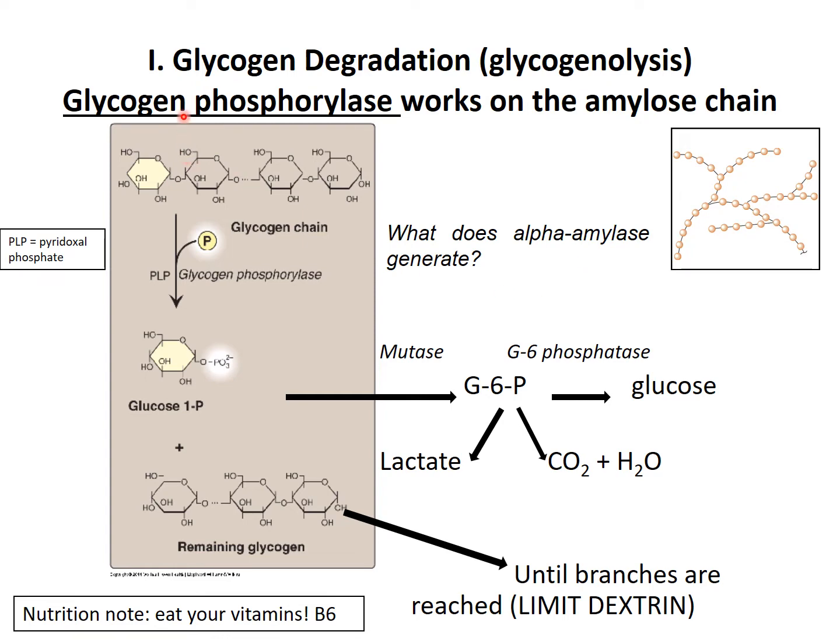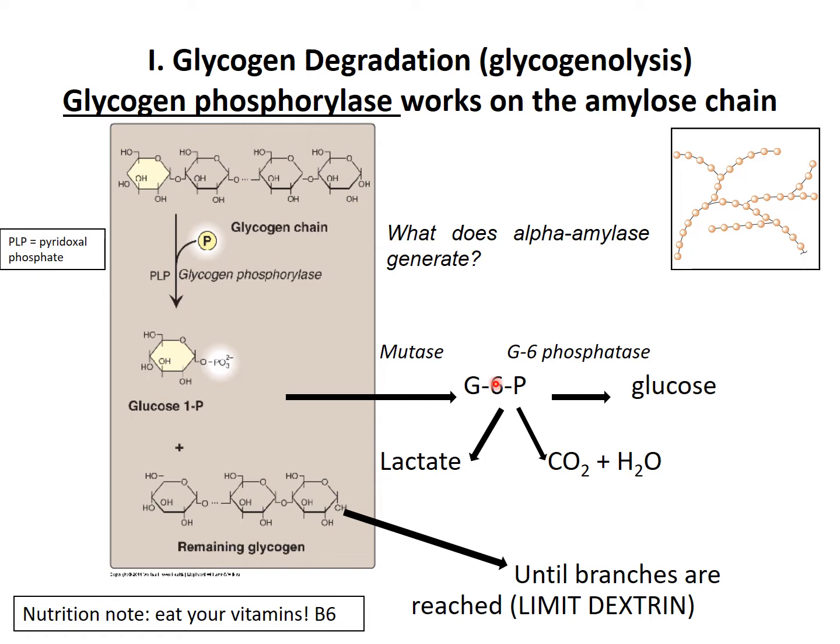Now, glycogen phosphorylase, however, uses a molecule of inorganic phosphate and produces glucose 1-phosphate out of the glycogen. It also acts on the non-reducing ends, but the end product is phosphorylated glucose. Glucose 1-phosphate will be mutated to glucose 6-phosphate, so this is a mutase enzyme. And then in the liver, you remember, glucose 6-phosphatase can turn it to glucose.